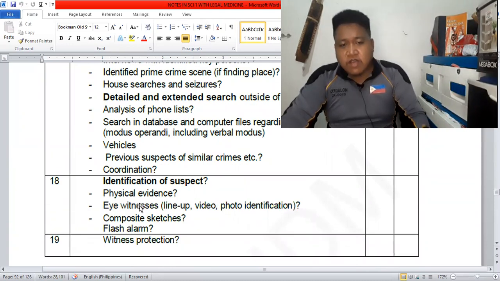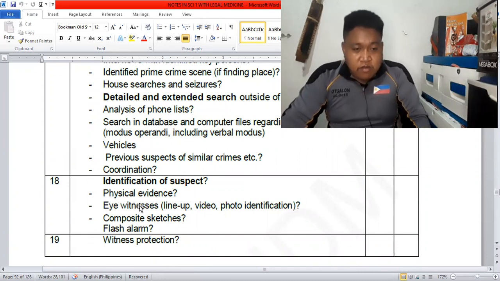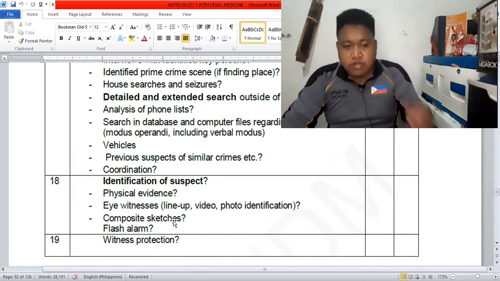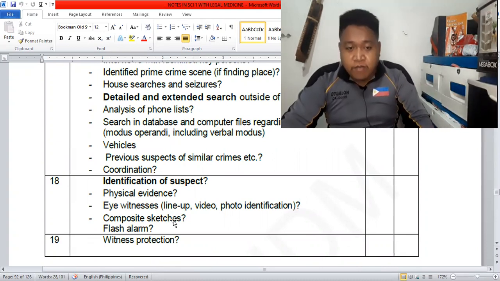18. Identification of suspect. Did you use physical evidence, eyewitness, or composite sketch, or flash alarm? So yan yung mga pwedeng i-check mo as far as the identification of suspect, no? Again, do not forget the so-called person of interest versus suspect, no?